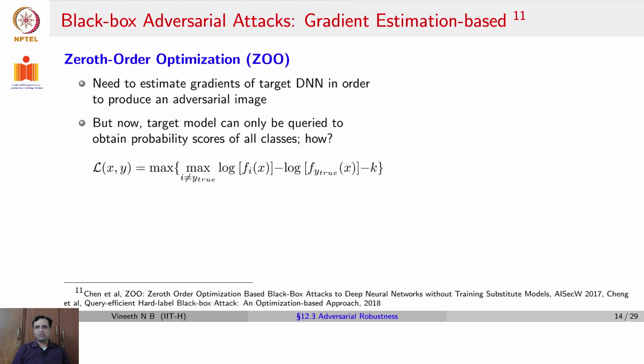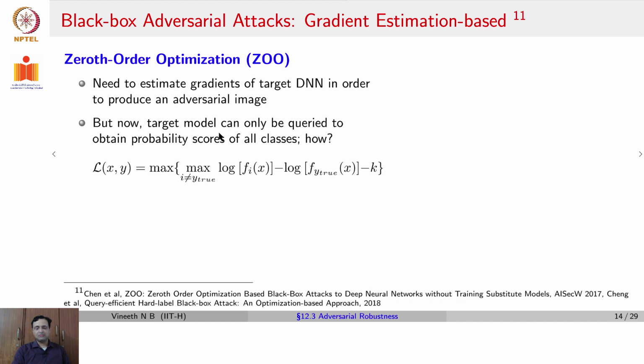But remember, from what we've seen so far, we need to be able to estimate the gradients of the target neural network to produce an adversarial image, because that tells you a sense of the direction in which the loss or the output of the neural network will change. But in black box, we don't have access to the model's parameters. We only have access to the outputs of the model.